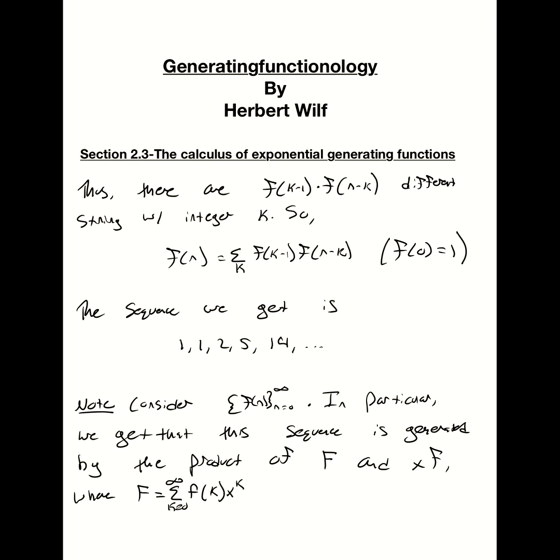If we consider the generating function for the little f of k's and call it big F, then when we multiply F times xF, we end up getting all of these sums as we desire. That's just using the product rule that we developed for ordinary generating functions. You should look back at that to see if it does indeed match up, and it will. I'll put a period here, and let's go to the next page.